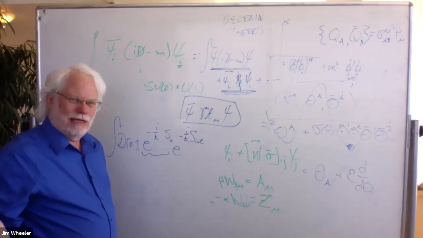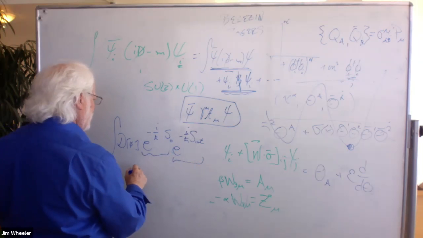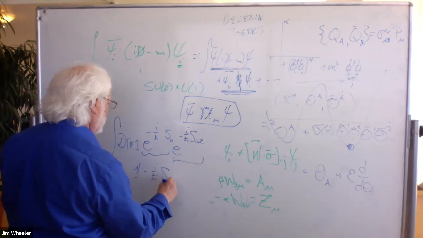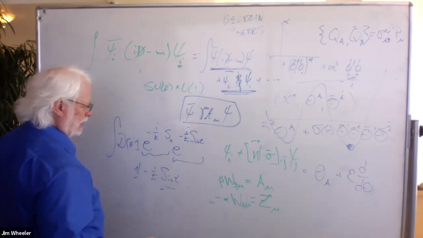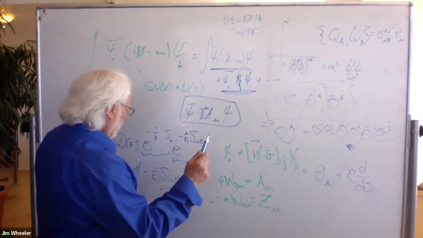And this one, we can solve that completely. But this one, you expand in a Taylor series. You write this with a Hamiltonian and stuff, and then higher order terms.